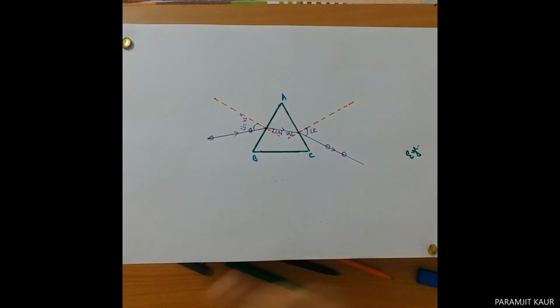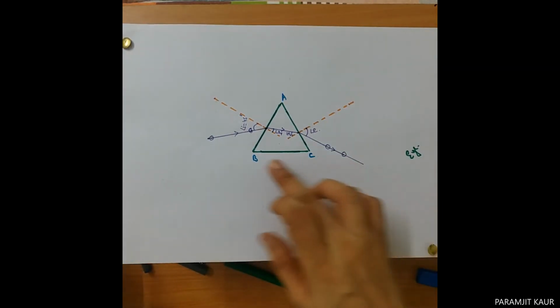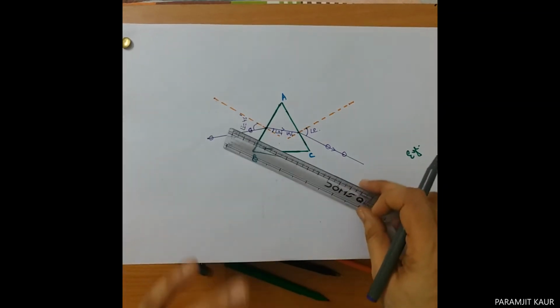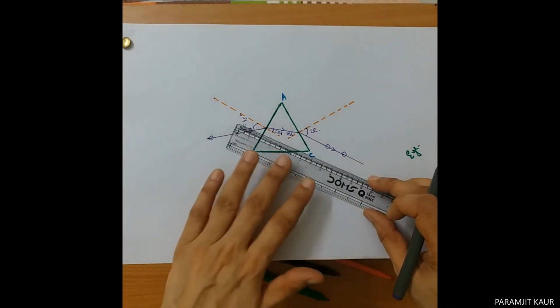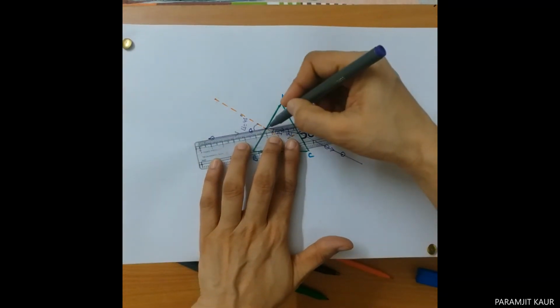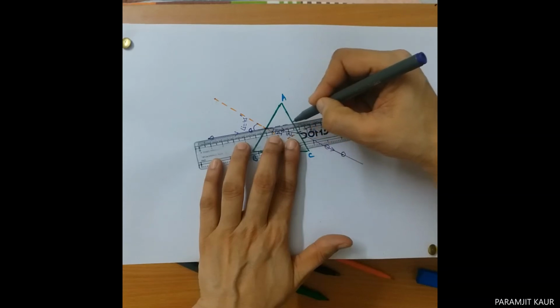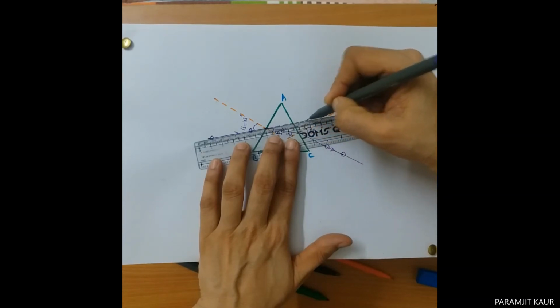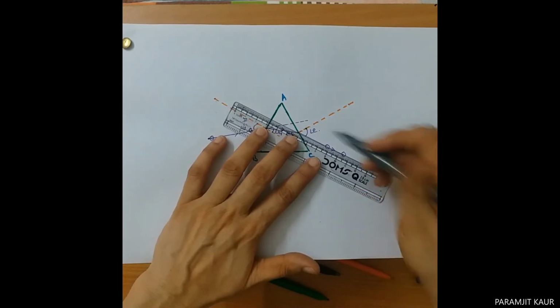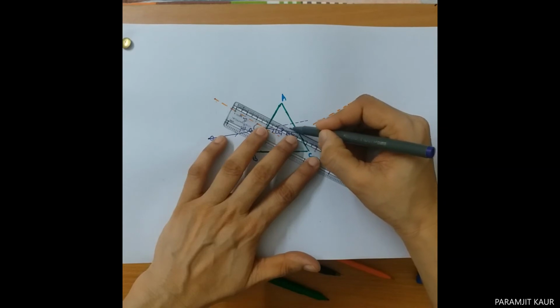Now in this case, this emergent ray is not parallel to the incident ray. Rather, it is deviated from its original path. So how much is it deviated from the original path of the incident ray? In order to find out, we will extend the incident ray. So I'm extending the incident ray. Similarly, I'll extend the emergent ray as well backwards.